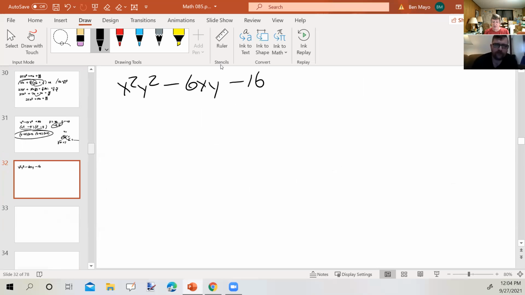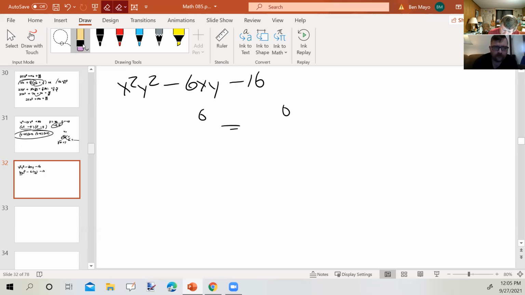Now, when I say it's in standard form, think of the variable as being xy, because there's x squared y squared, which is like xy squared minus 6xy minus 16. So if we think of xy as the variable chunk, we've got it squared, first degree, known. Okay.